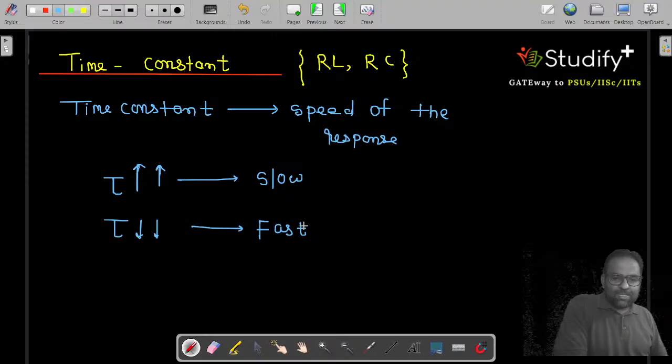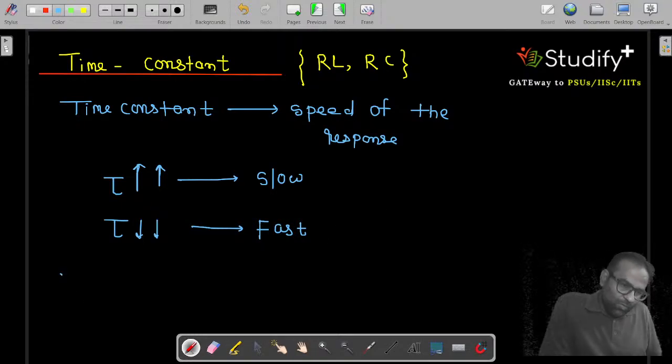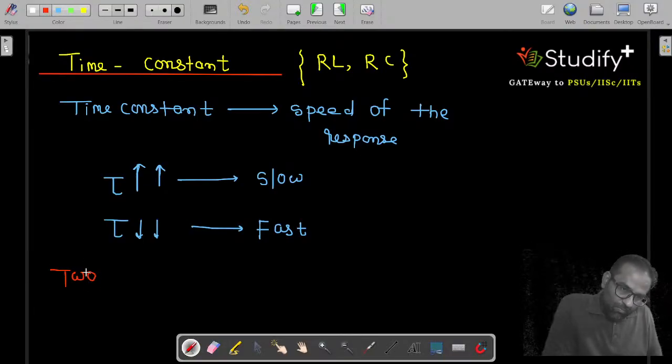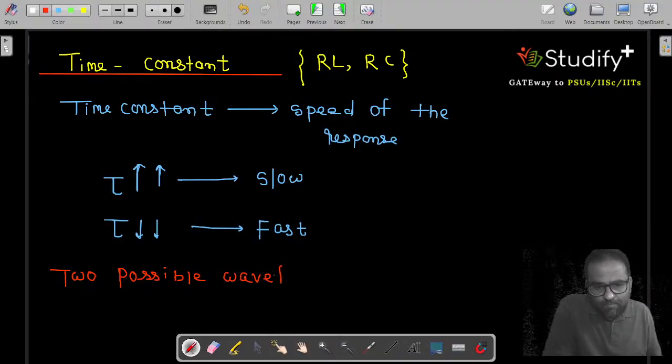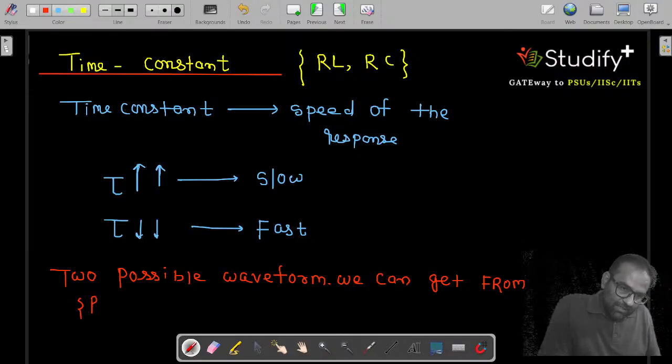This is the idea. Now the waveforms you can have: only two possible waveforms we can get from an RL or RC circuit, or first order circuit.